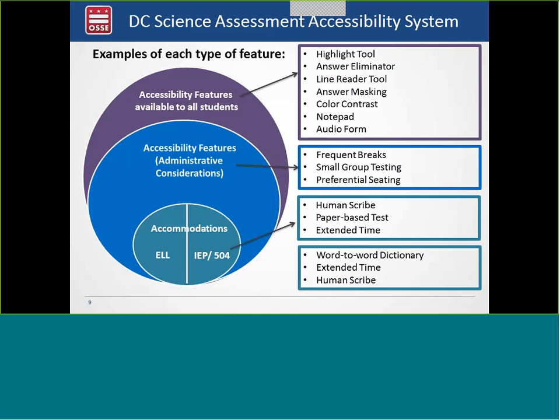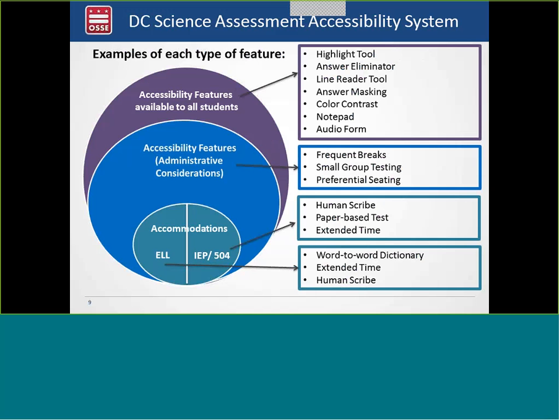Examples of each type of feature. In the purple, we've got the accessibility features available to all students. This includes the highlighter, answer eliminator, the line reader, answer masking, color contrast, notepad, and the audio form.